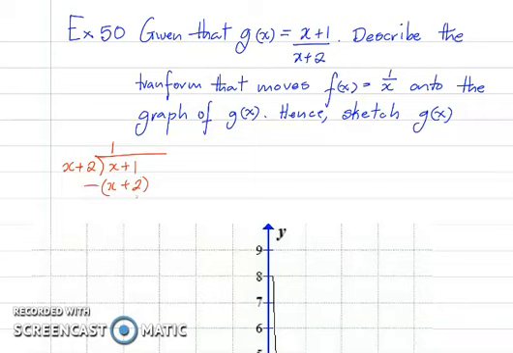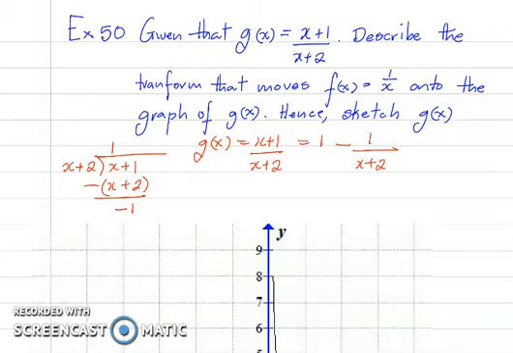When I subtract, I'm going to get minus 1. So g of x, which is x plus 1 over x plus 2, is the same as saying 1 minus 1 over x plus 2. All right, it's 1 minus 1 over x plus 2.